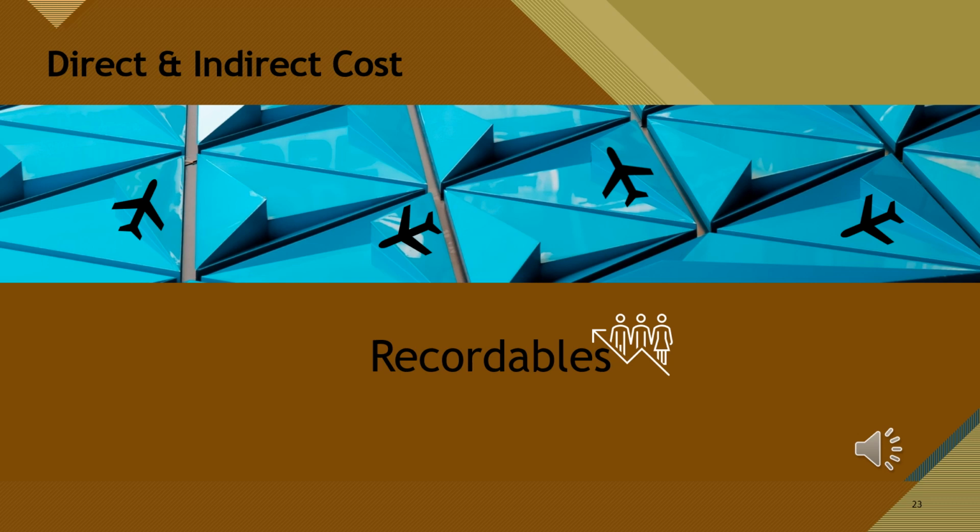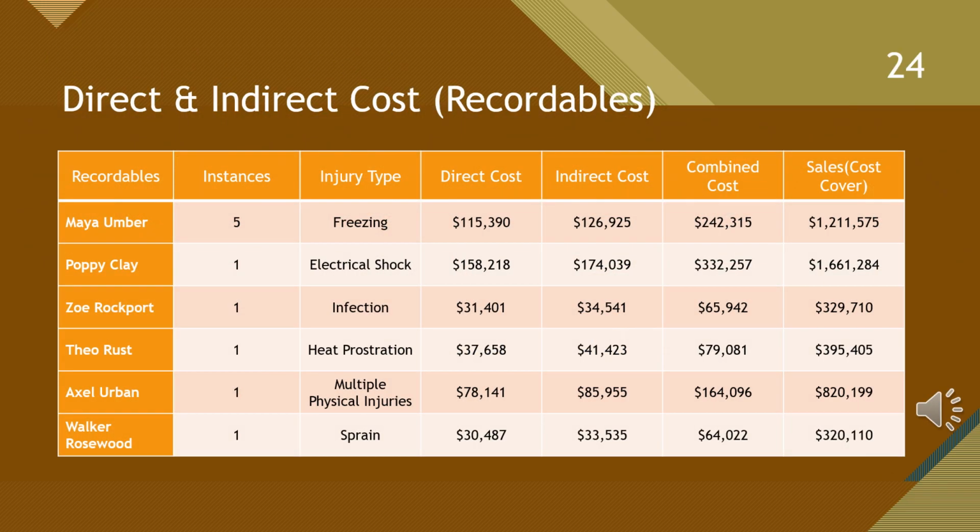Now moving on to the direct and indirect cost of recordables. Looking at the recordables, you can see that there are 6 recordables that have been documented from the Brown airline.